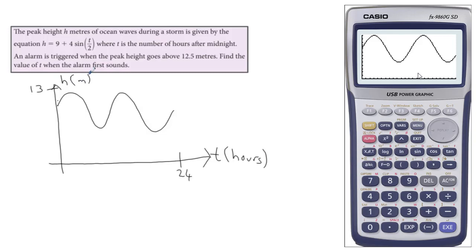H was in meters. Okay, so we are interested in when the peak height of these waves, so remember h is the peak height, goes above 12.5 meters. So we're going to need to draw the line h equals 12.5, or y equals 12.5.